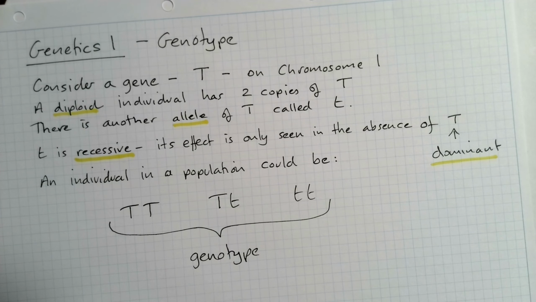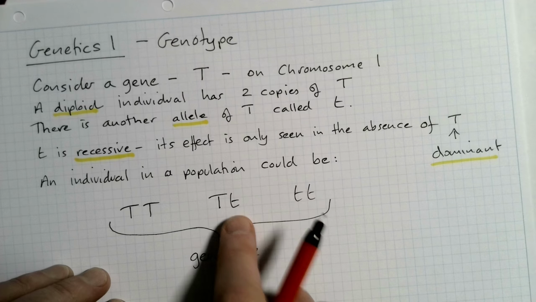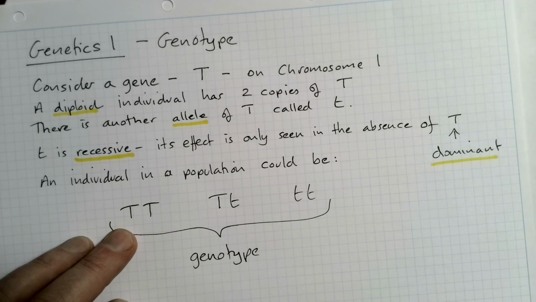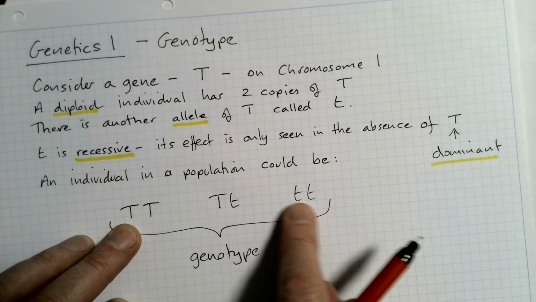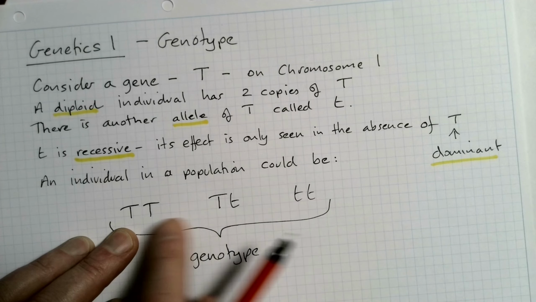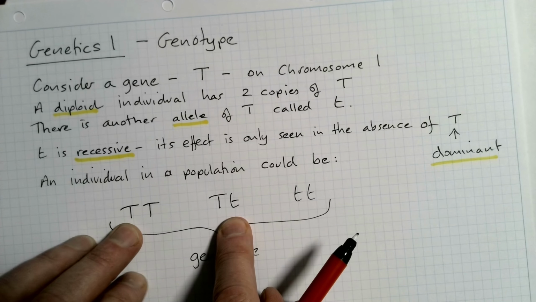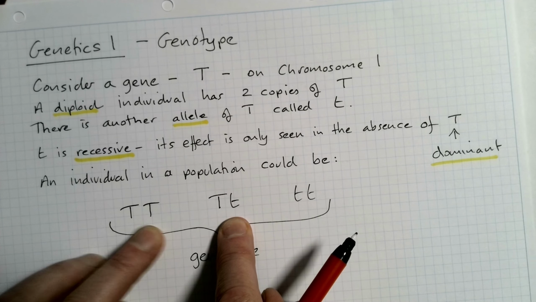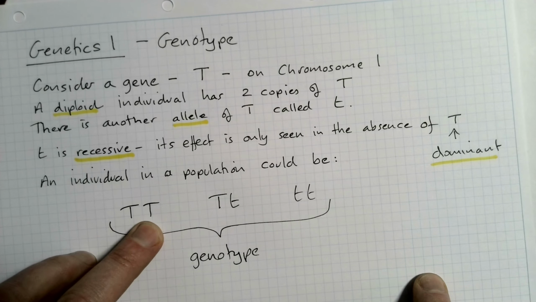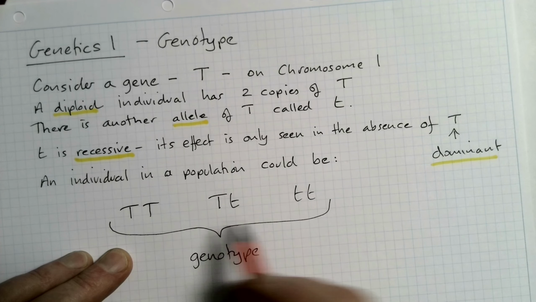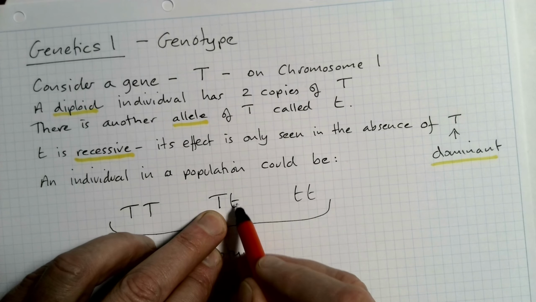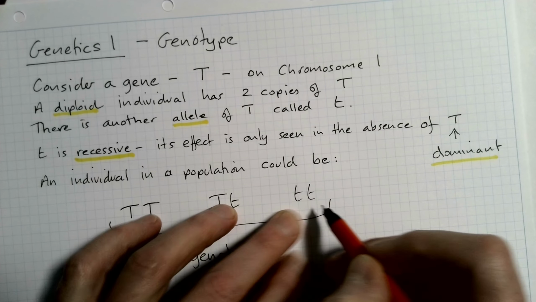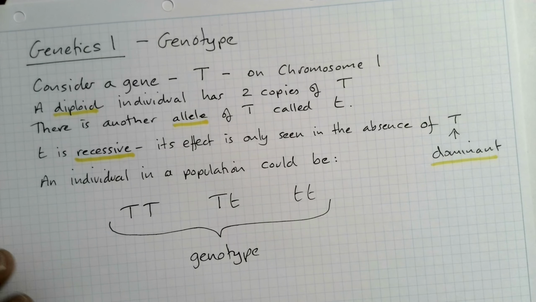And that gene has 2 different alleles, and any individual can only have 2 copies. So it can have 2 copies of big T, 1 copy of big T and 1 copy of little t, or 2 copies of little t.